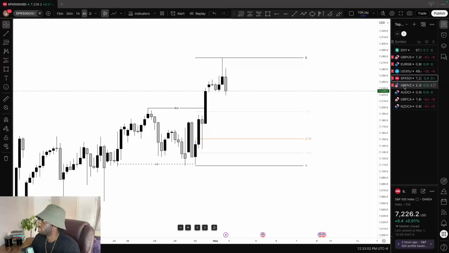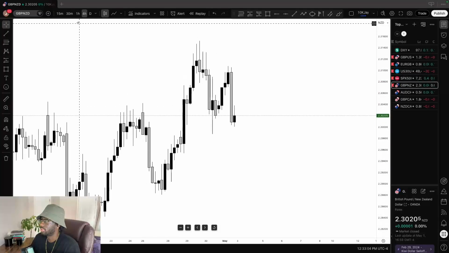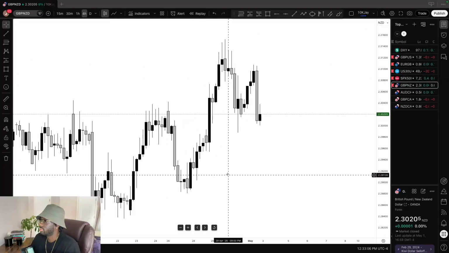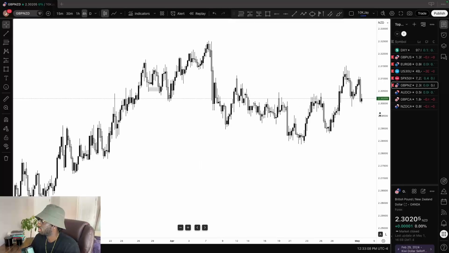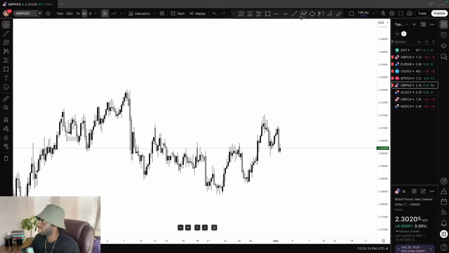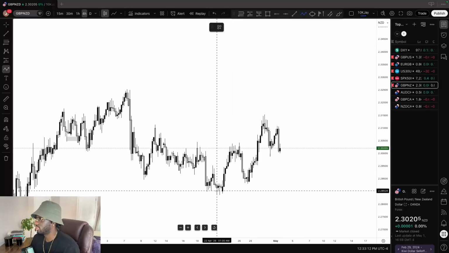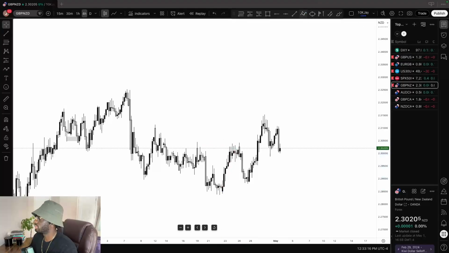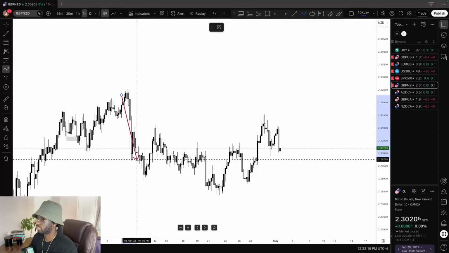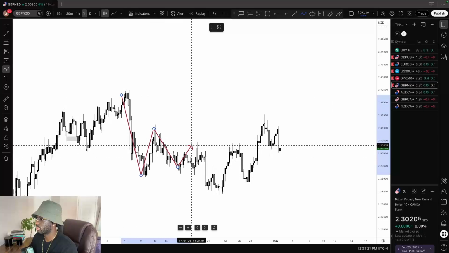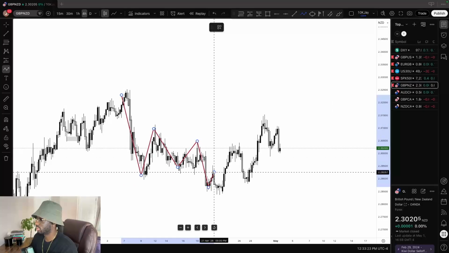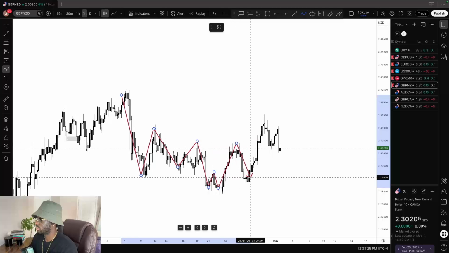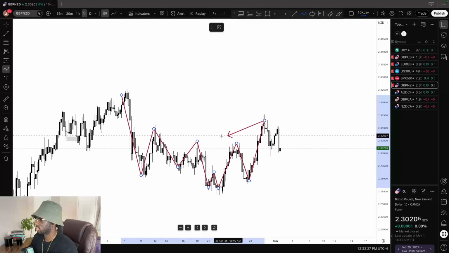Let's look at GBPUSD. So here we see we have this uptrend. We were in the downtrend. Then we got the shift of structure here.